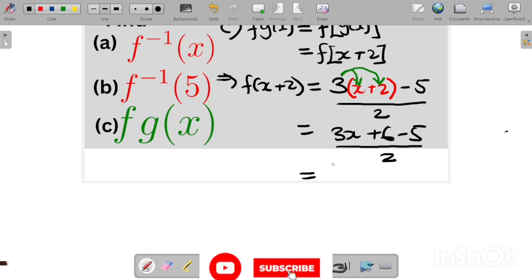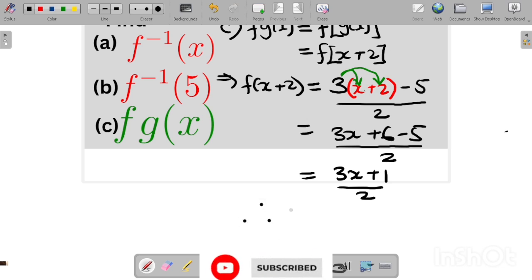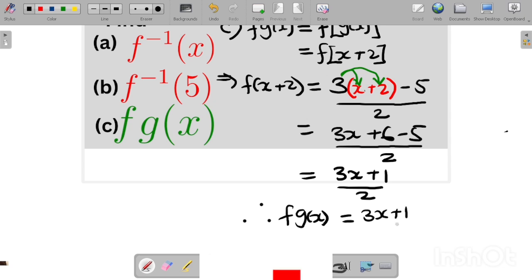So we're going to have 3x, 6 minus 5 is 1 positive, over 2. Therefore, the composition function of f of g of x is equal to 3x plus 1 over 2.